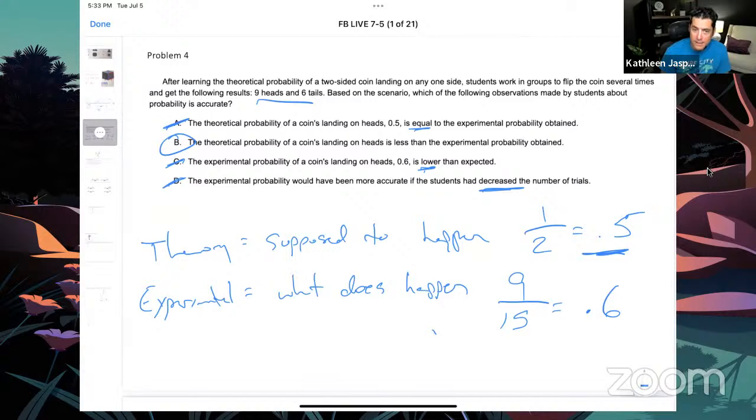And that's it. I don't know what you would set up the proportion as, but no, I would stay away from that because it's not asking you to solve anything other than give us what each of these probabilities are and then compare them.